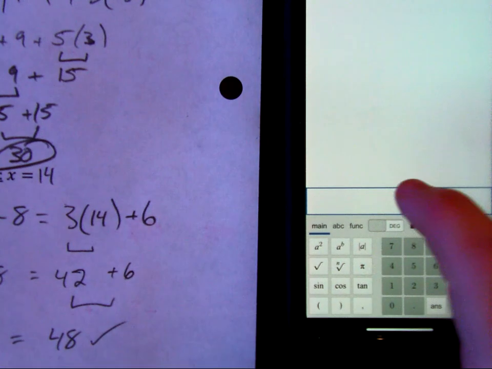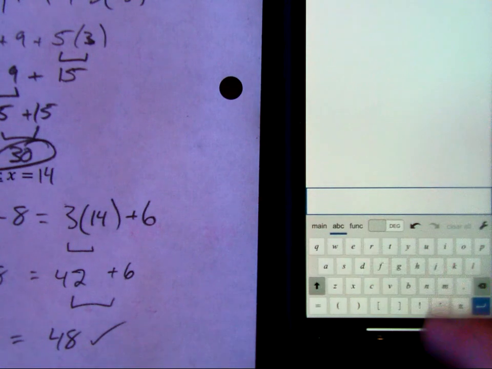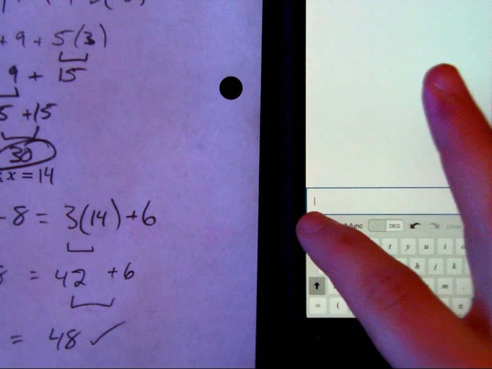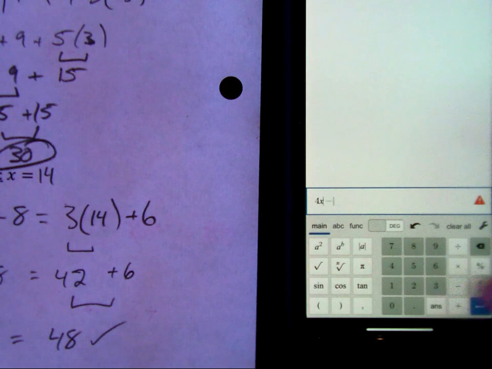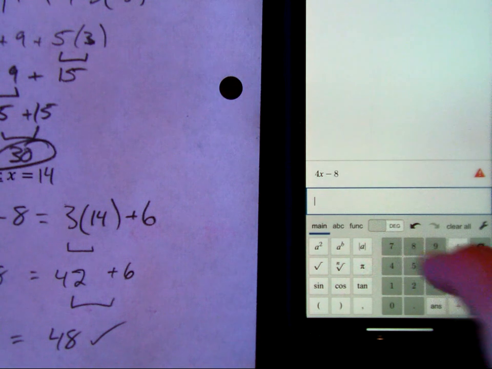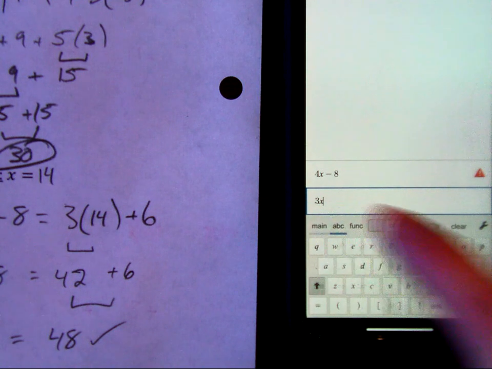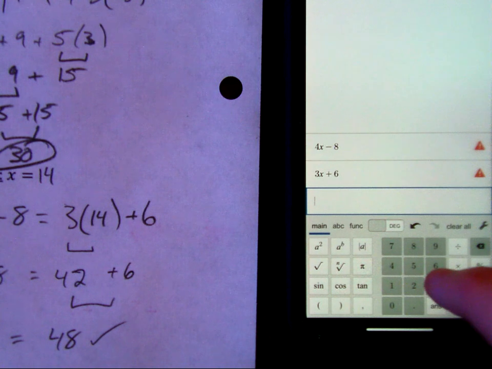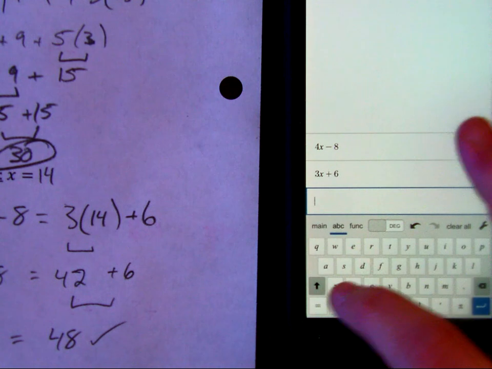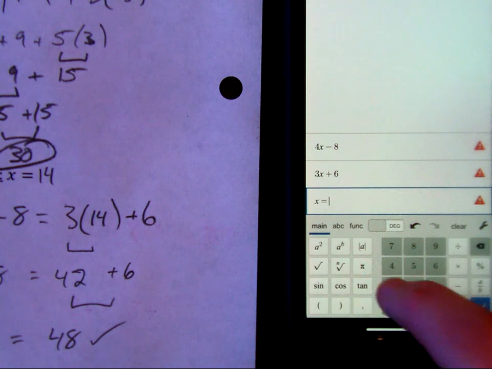I type the first expression, 4x minus 8. I hit enter because that's one expression. And I say 3x plus 6. Does this equal each other? Well, we have x equals, and then 14.